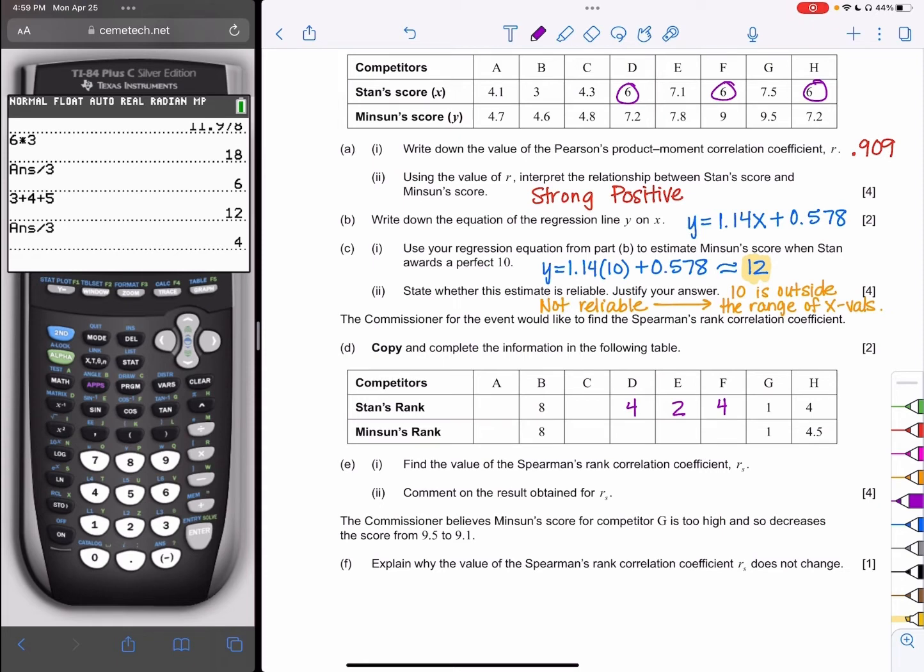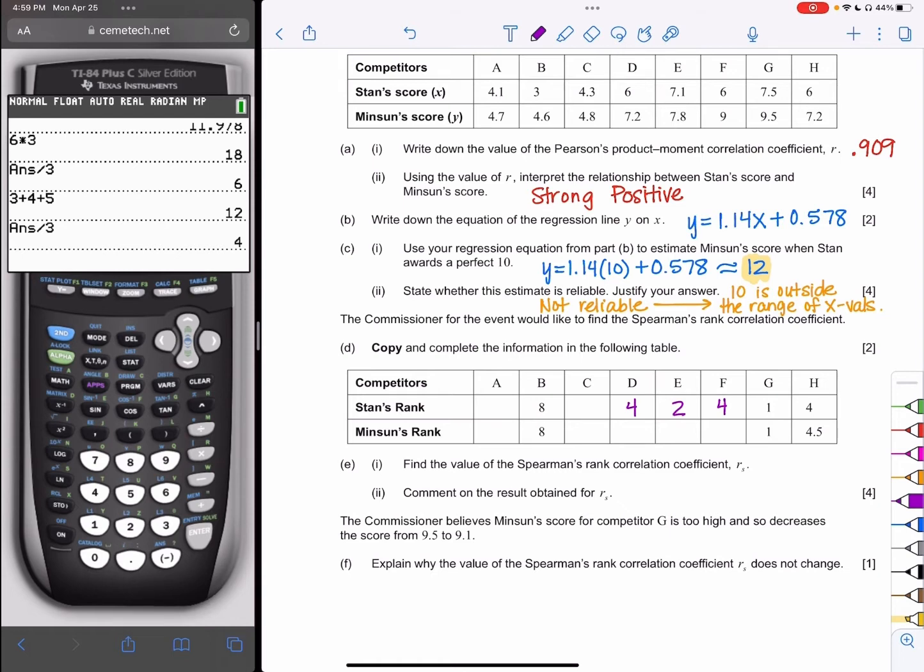I put the average value in there. Now I go to the next lowest number below 6, which is 4.3. It can't be 5, because remember, D, F, and H were technically spots 3, 4, and 5.